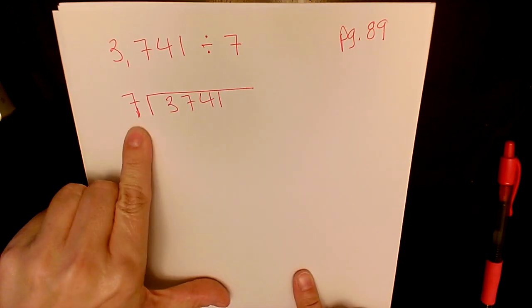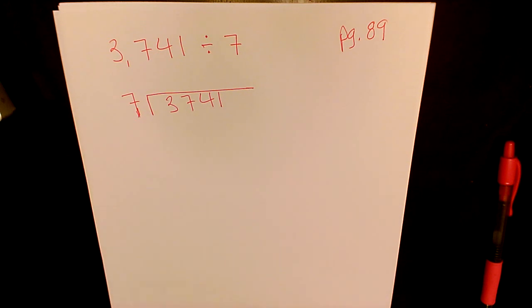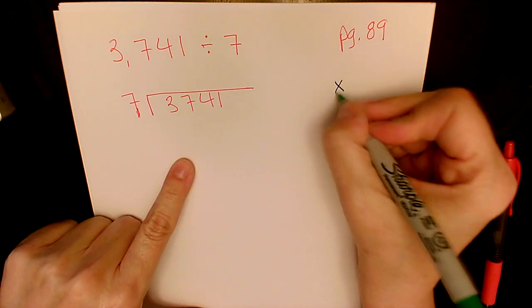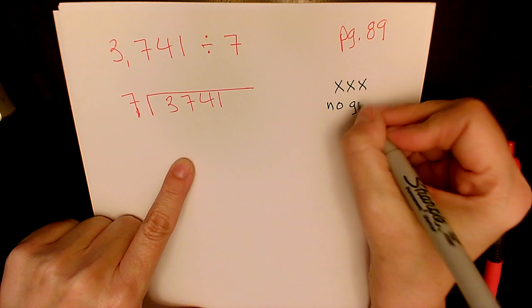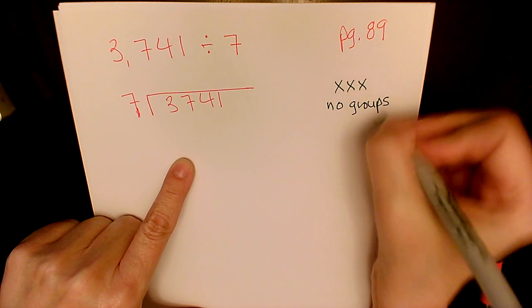Okay, I'm going to keep drawing because I'm not sure if you need it or not. But I've got, well, 7 does not go into 3. 7 is too big. I can't make a full complete 7 if I only have 3. So if I only have 3 X's, no groups of 7 here. Can't make a group of 7.